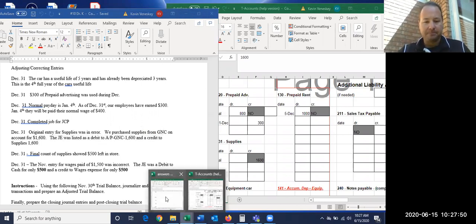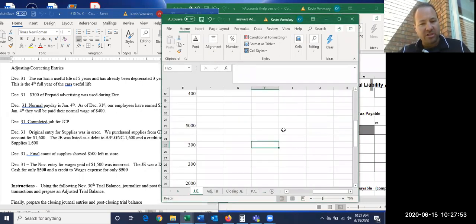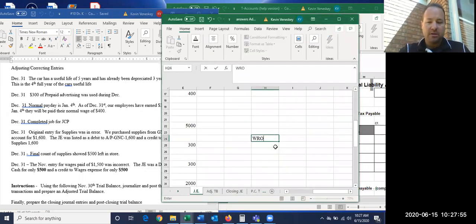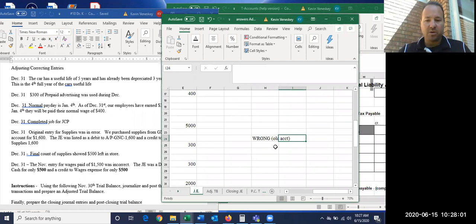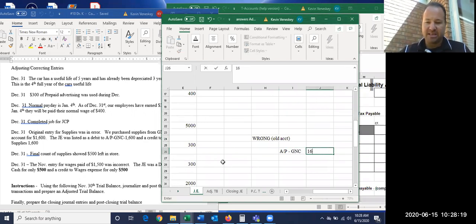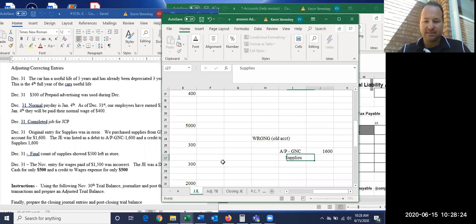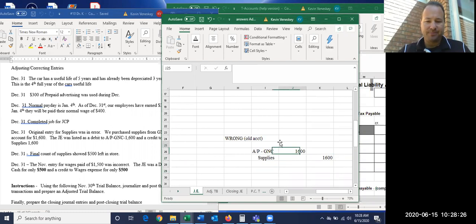So how do we fix that? We're going to pull up our answers, pull up our little side thing out here. So the wrong entry, the old accountant, this is what they would have had. It says here they had a debit to the accounts payable for GNC for $1,600, and they had a credit to supplies for $1,600.